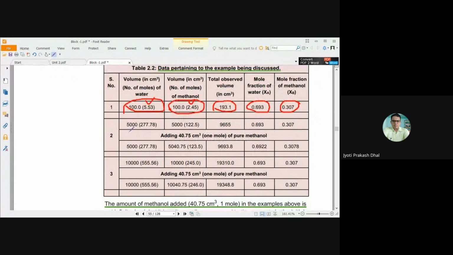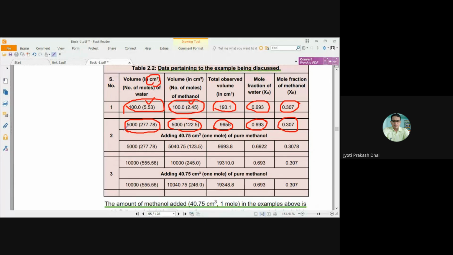And similarly, if we take 5 liter of water plus 5 liter of methanol, then the observed volume will become 9.655 liter, that is 9,655 ml. So here the volume is in ml. So here also the mole fraction of water will be the same, that is 0.693, and mole fraction of methanol will also be the same, that is 0.307.